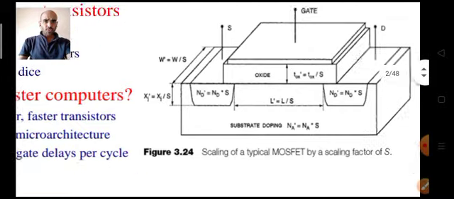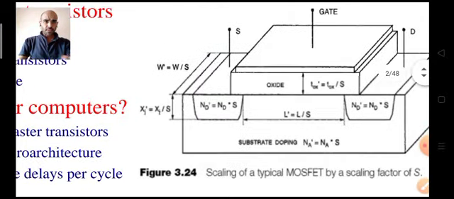The device dimensions are L, W, and the doping concentrations of the source and drain regions and the substrate region. L is your device length, W is your device width, and Tox is the thickness of the oxide. All these parameters are without scaling.